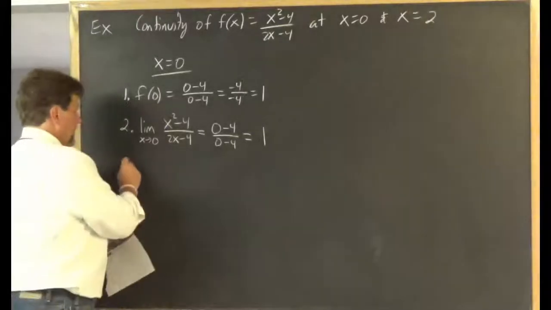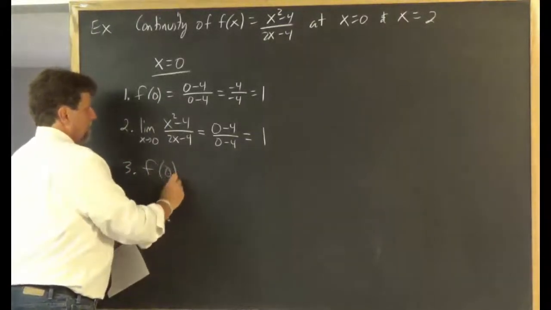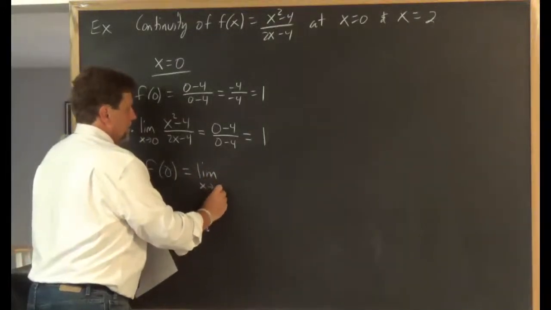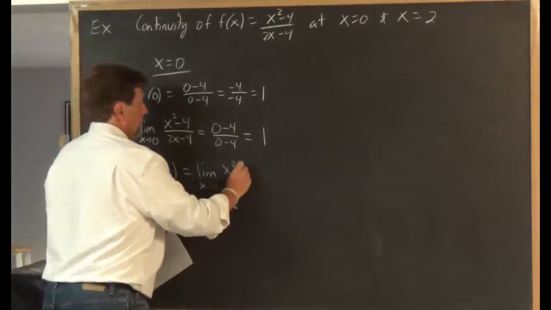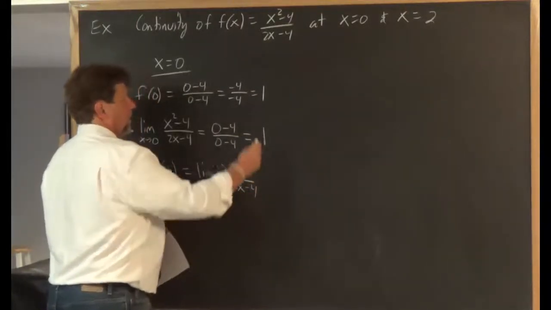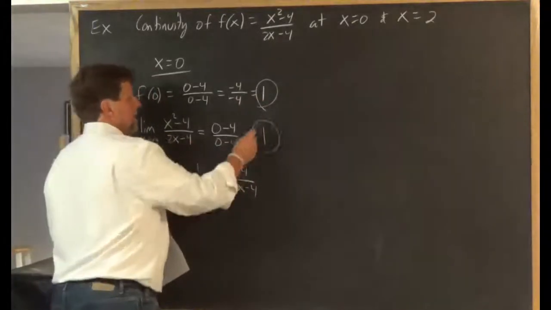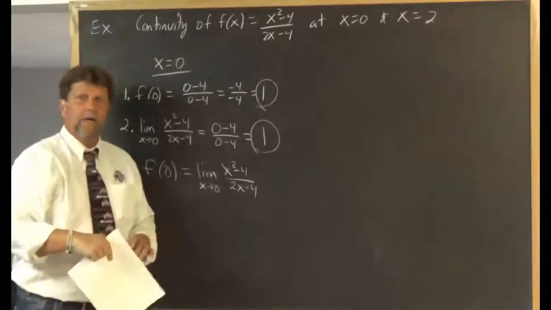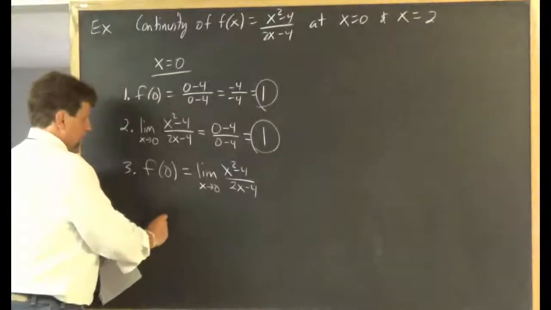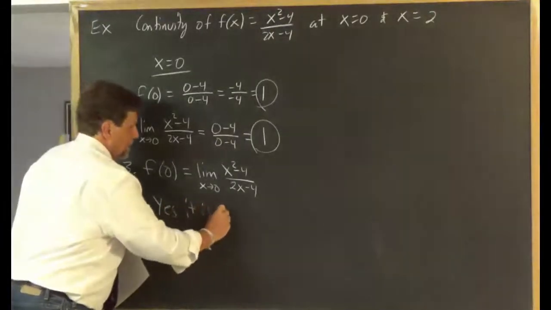Thing 3, does f of 0 equal the limit as x approaches 0? Here was the f of 0, 1. Here was the limit, 1. Does 1 equal 1? Sure does. So we would say yes, this function is continuous at x equals 0.